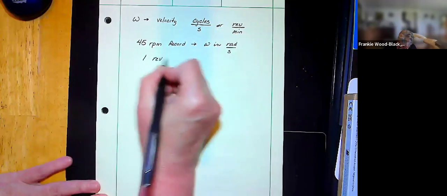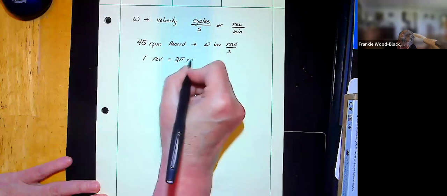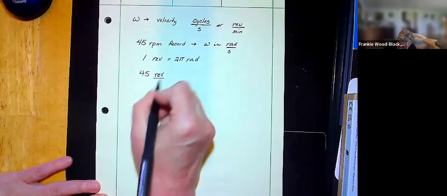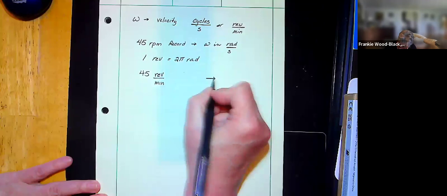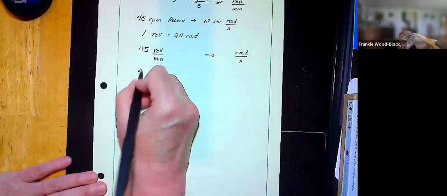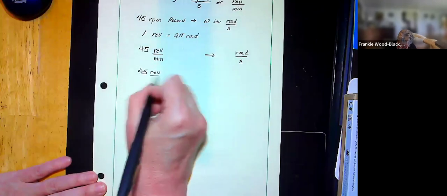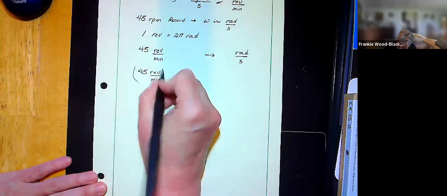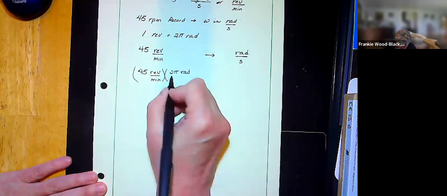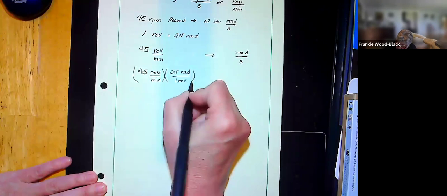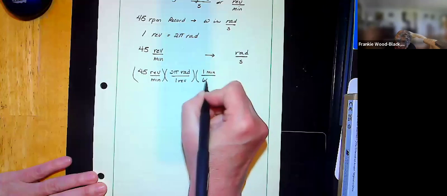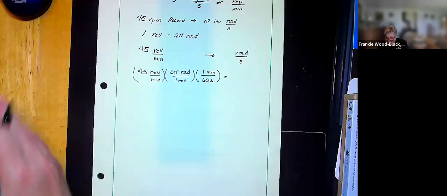1 revolution is equal to 2 pi radians. So 45 revolutions per minute. We want to be in radians per second. We're going to calculate our 45 revolutions per minute. There are 2 pi radians per revolution. For 1 minute, there are 60 seconds, and this will give us our radians per second.